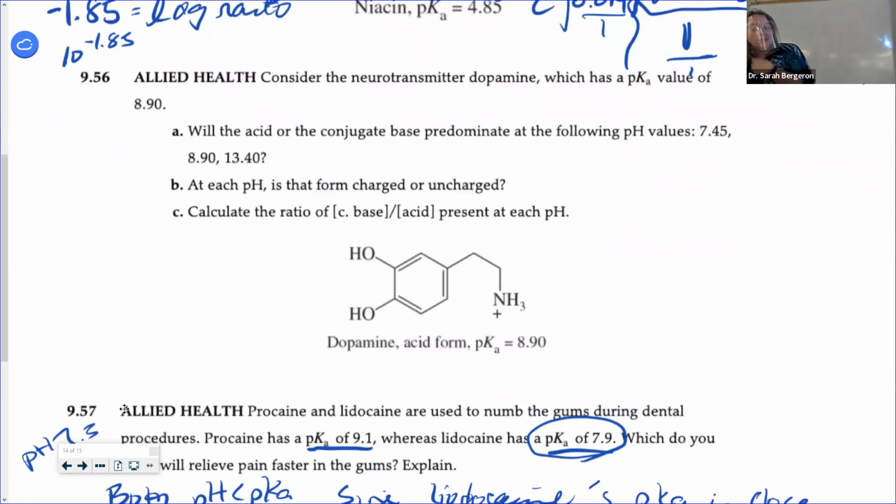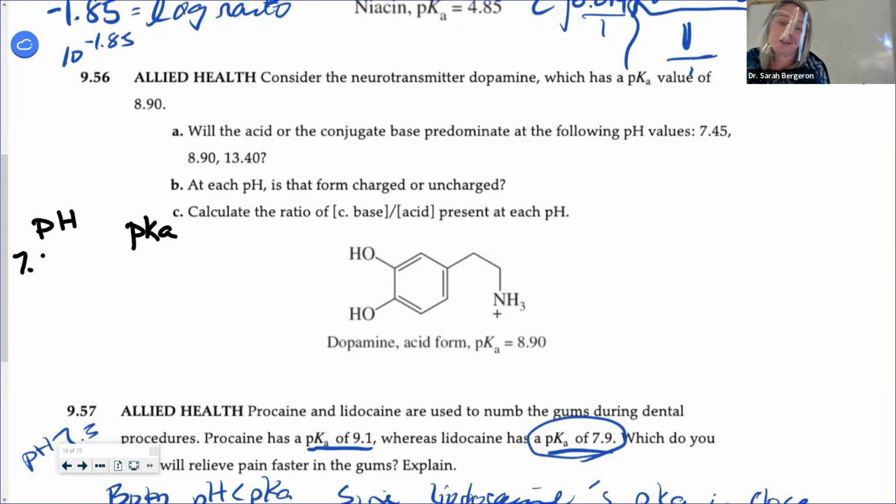Consider the neurotransmitter dopamine, which has a pKa value of 8.9. Will the acid or the conjugate base predominate at the following pH values? Okay. So I'm going to always compare my pH to my pKa.